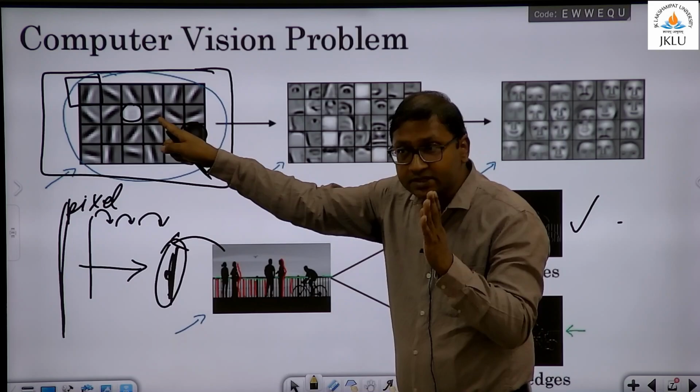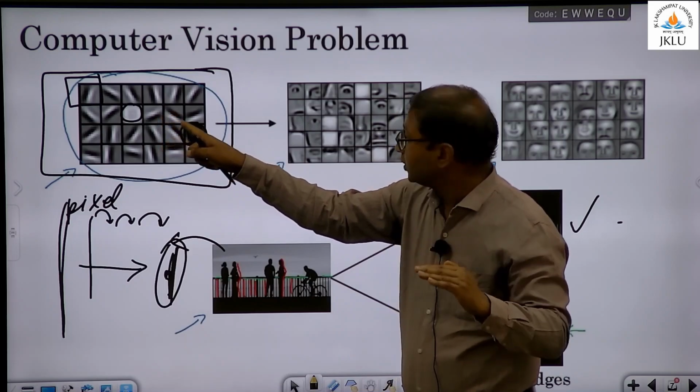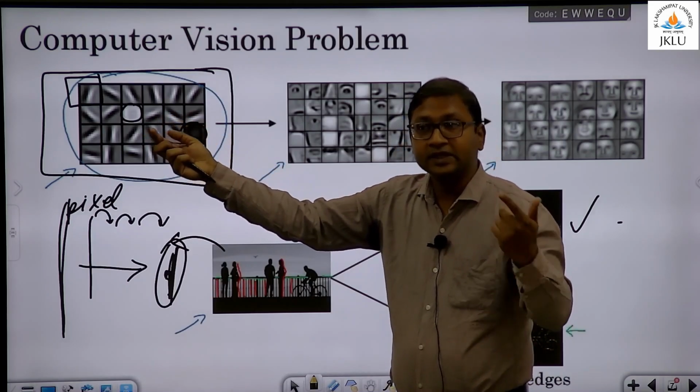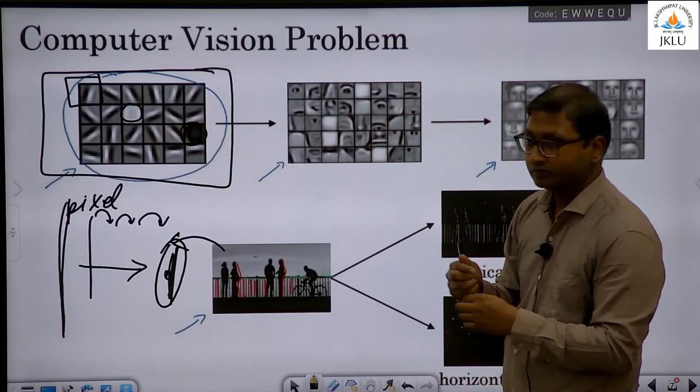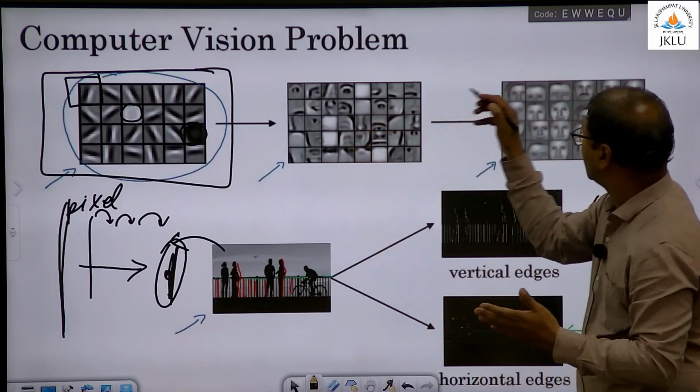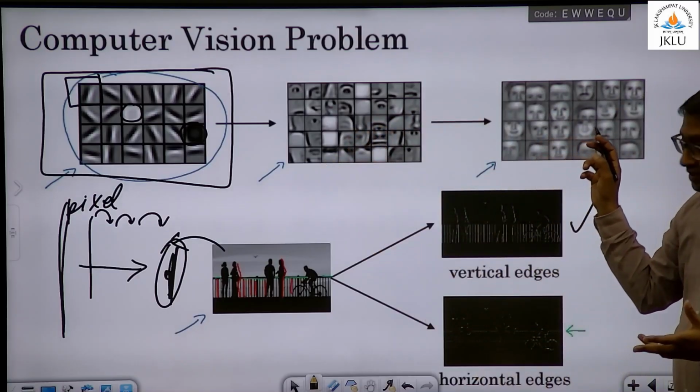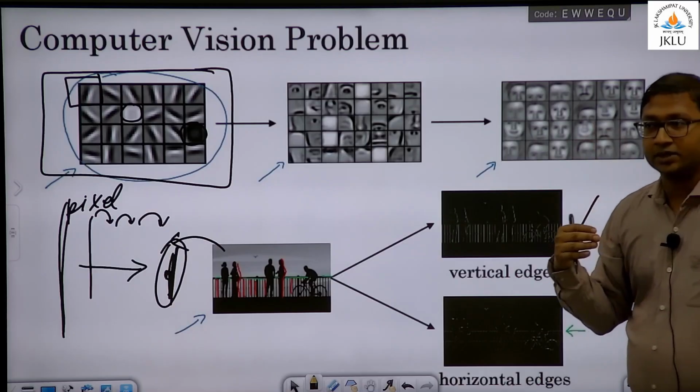Once you have these simple basic lines, you can make the next level of more complicated images from this. So something like this. Once you have these features, you can make things like faces now and keep on increasing, right.